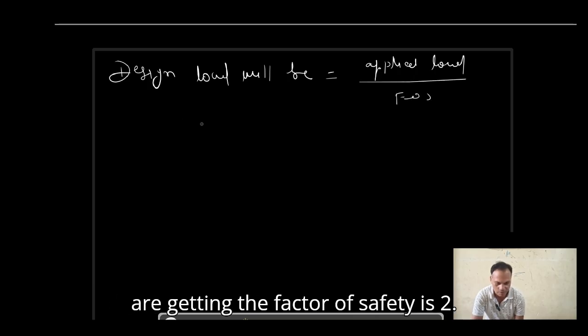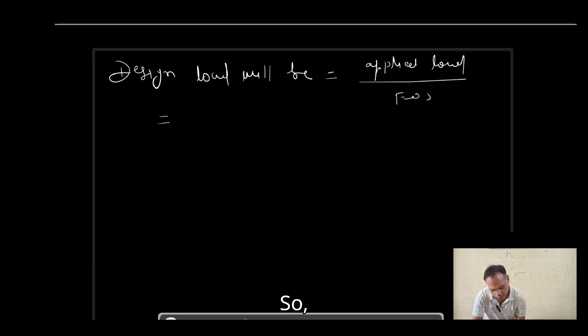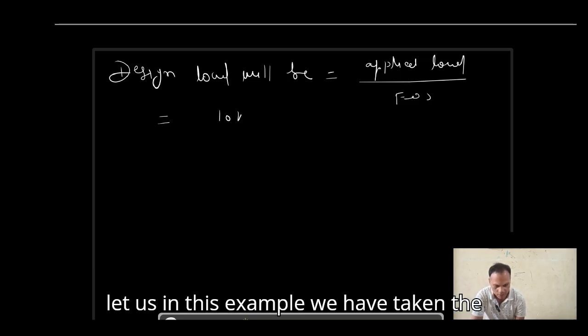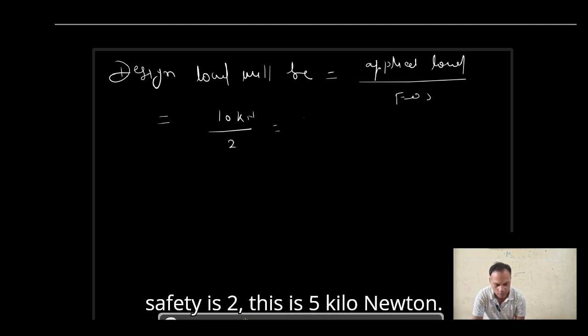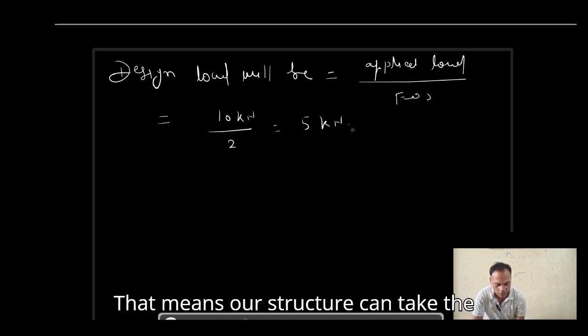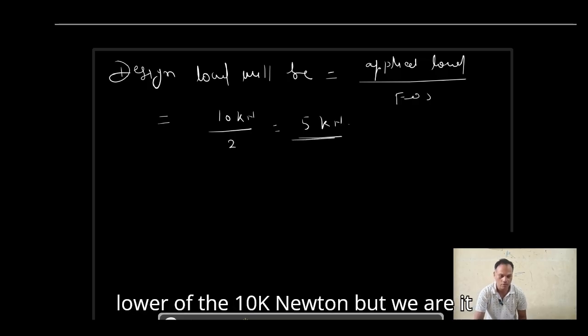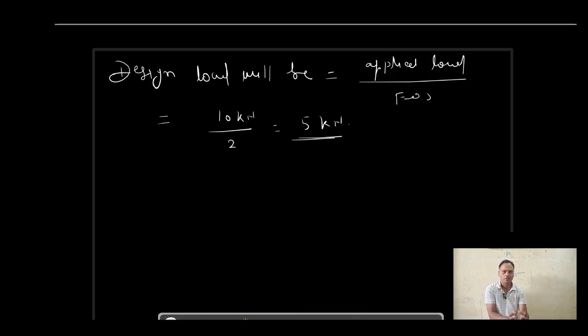Here we are taking the factor of safety as 2. So in this example, 10 kilonewton divided by factor of safety 2 is 5 kilonewtons. That means our structure can take the load of 10 kilonewton, but we design it for 5 kilonewtons.